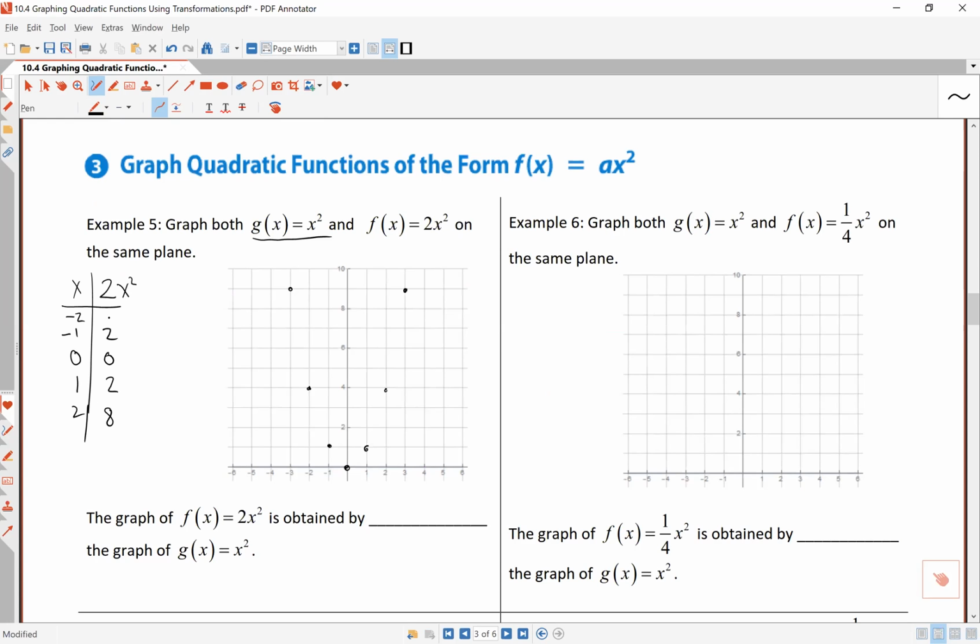And negative 2 squared is 4 times 2 is 8. We're going to see the same kind of shape, but just growing faster. So we have 1, 2, 0, 0, 1, 2, 2, 8. Negative 1, 2, negative 2, 8.